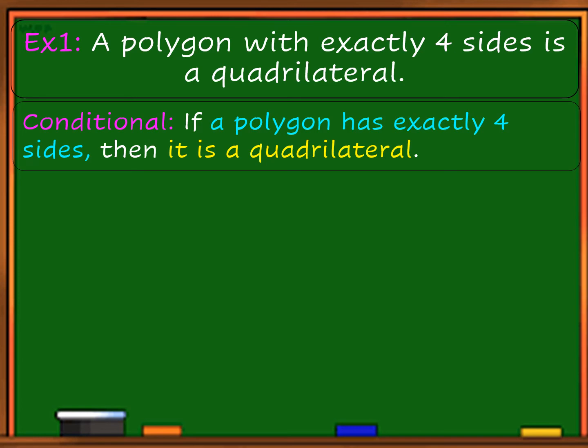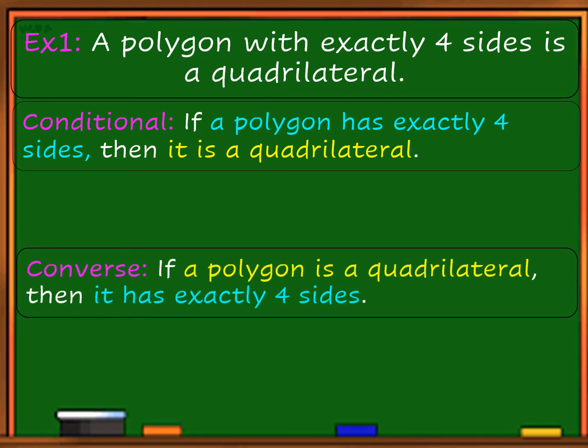The hypothesis is, a polygon has exactly 4 sides, and the conclusion is, it is a quadrilateral. Switching the position of the hypothesis and the conclusion, we form the converse statement, and it can be written as, if a polygon is a quadrilateral, then it has exactly 4 sides.